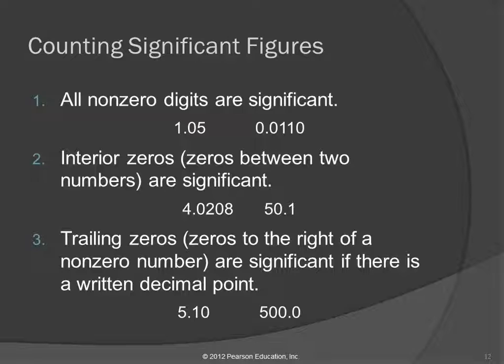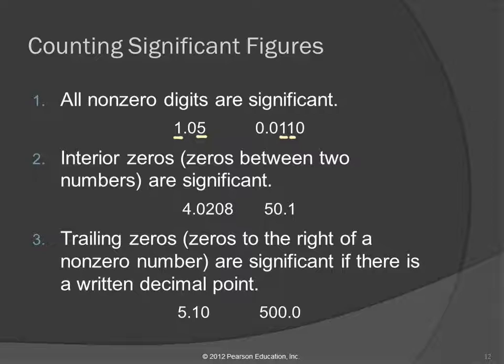So rule 1, all non-zero digits are significant. So in these examples here, what non-zero digits do we have? Well, that's all the digits that aren't zeros. So the 1 and the 5 in there, and these two ones. So non-zero digits are always counted. The problem arises with the zeros.